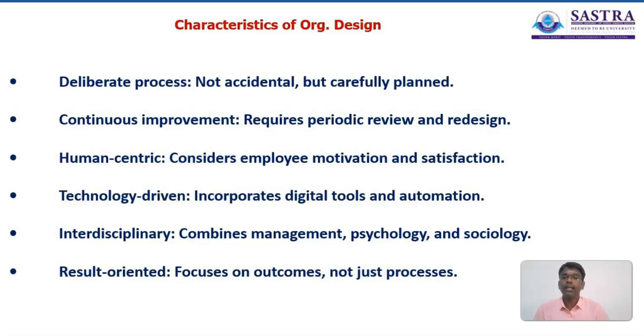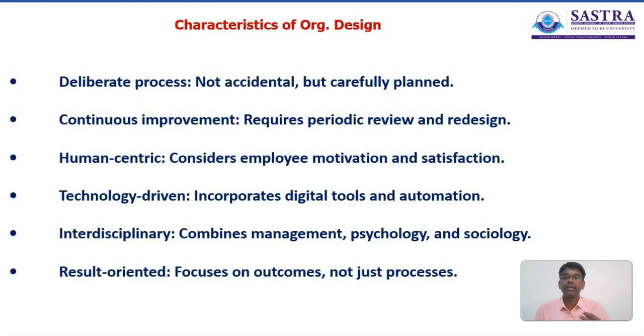And followed by that, clarity of roles and responsibilities is another important nature. A well designed organization clearly defines who does what, reducing confusion, duplication of work, and improving accountability. Because if we are not fixing these, we may not be able to achieve the goal within the time span or a short span of time.